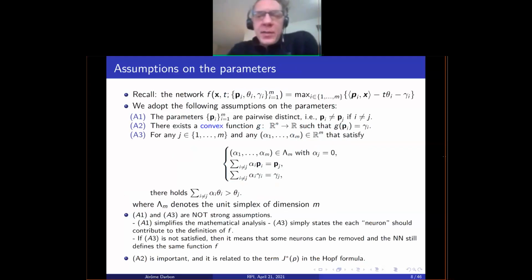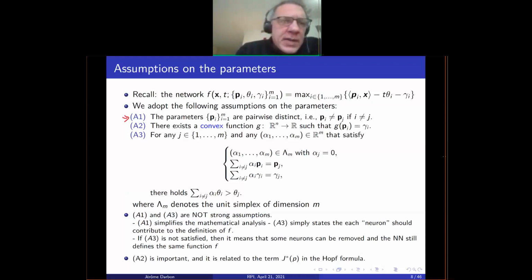In order to do that, we need some assumptions. So I have three sets of assumptions here, A1 to A3. The first assumption, A1, is simply an assumption that I make for the mathematical analysis, and it says that the parameters p_i need to be pairwise distinct. In practice, it doesn't matter if the p_i's are not distinct, it just simplifies the analysis mathematically, but it has no impact on the result.